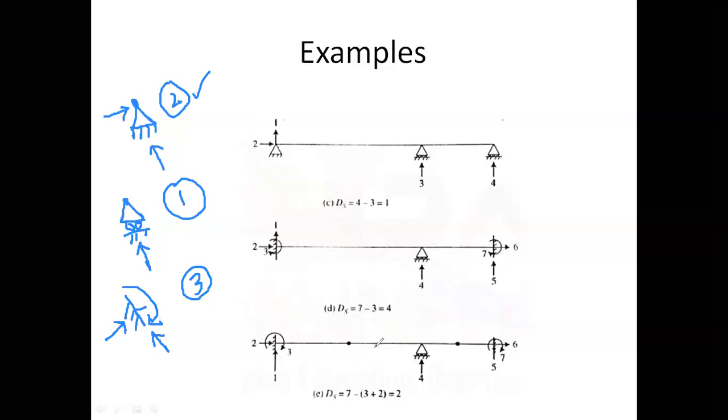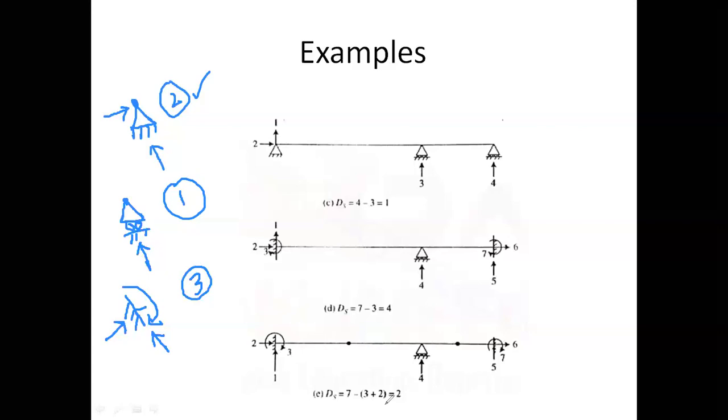Now this is an interesting case. In this case, this is a fixed support, this is a roller support, and this is also a fixed support. At this end, the number of internal reaction is 4. At this end it is 1. At this end this is 3.